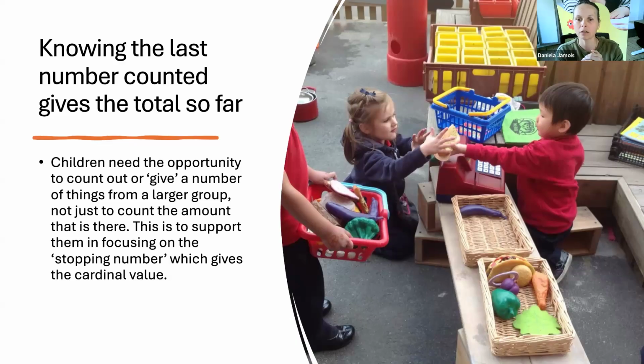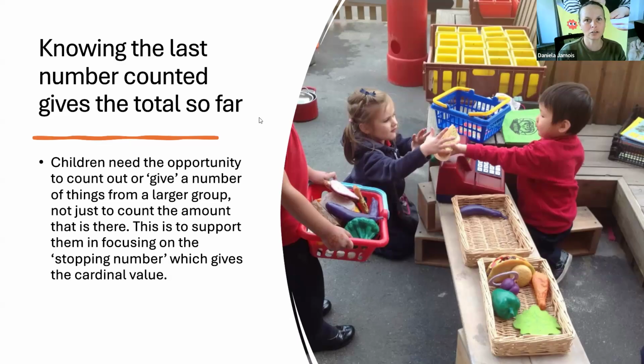So the customer might say, I can only afford to buy 3 of these things. And the shopkeeper might say, okay, you can put your 3 chosen objects into this basket and pay £3 for those. And that gives the child the opportunity to show that they can be very precise in counting out their 3. And they remember to stop.